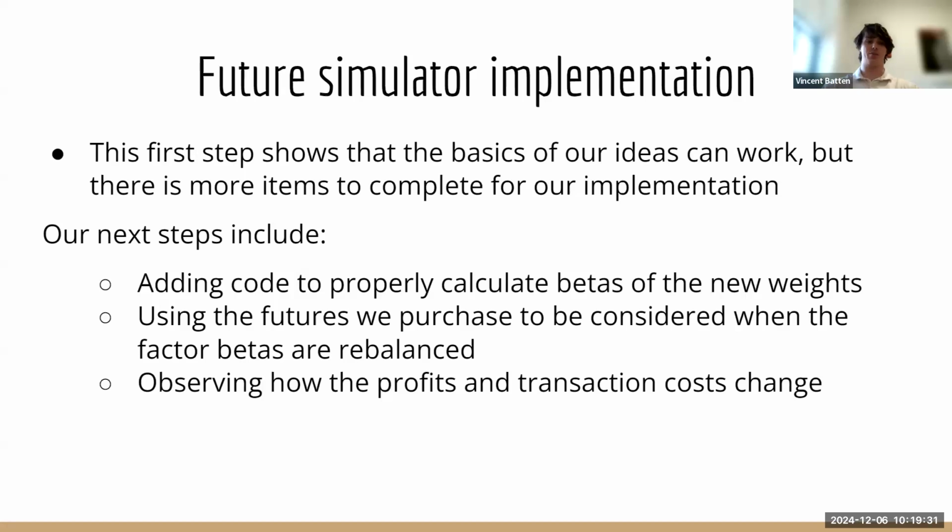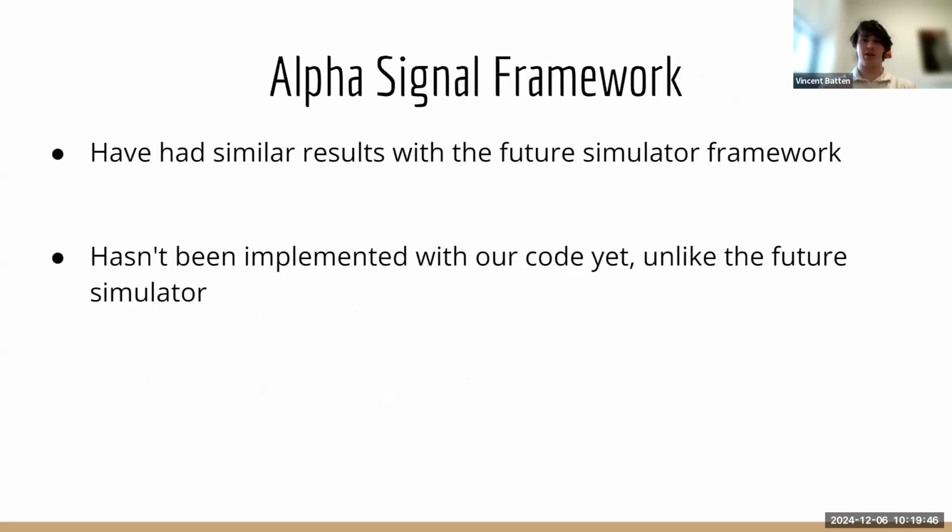So we can compare the profit or the transaction cost of the original simulator logic we have, and then we can shift it over and calculate the profit or loss and the transaction cost of the code with the future simulator implemented. And then the alpha signal framework, I'll give it to Shadid to talk about that.